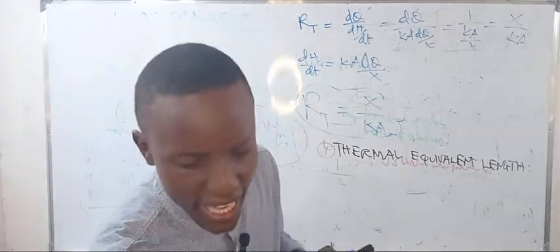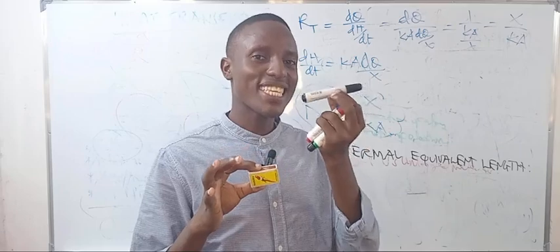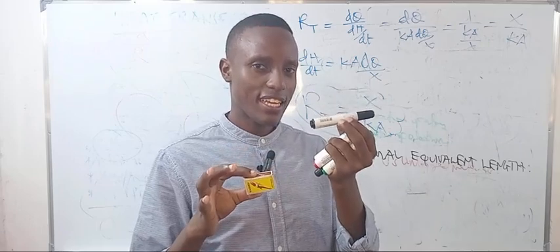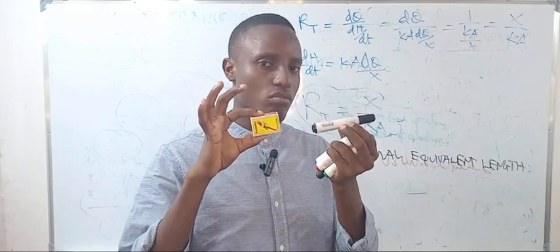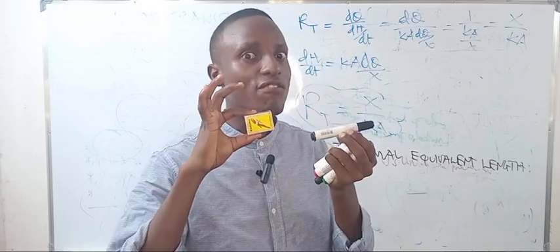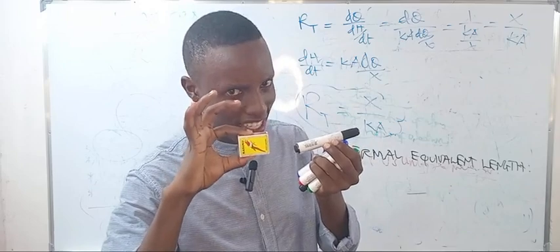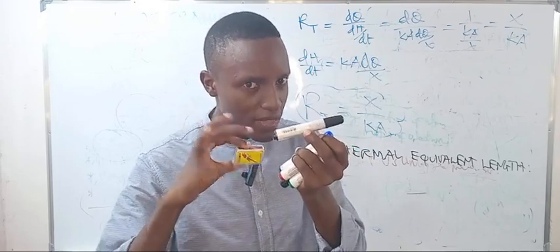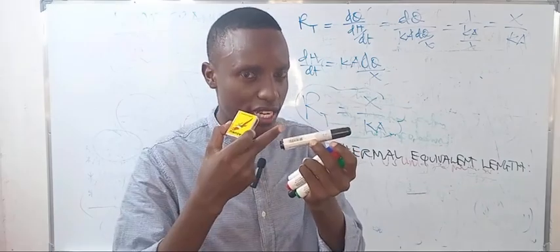If I take an insulator with this length and a conductor with this length, you can find the rates are equal, because the insulator has a very small length and a very small rate of flow of heat, while the conductor has a very large rate of flow of heat.